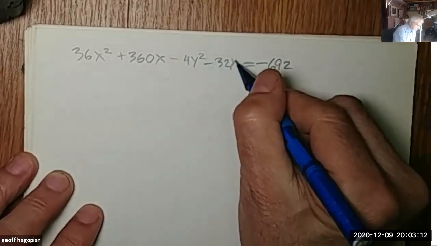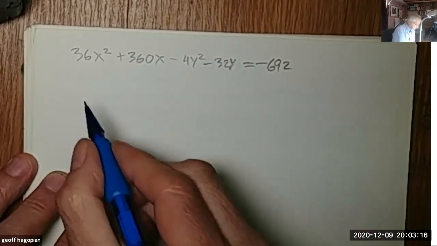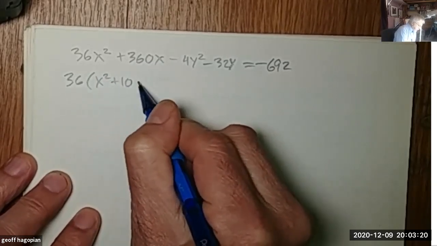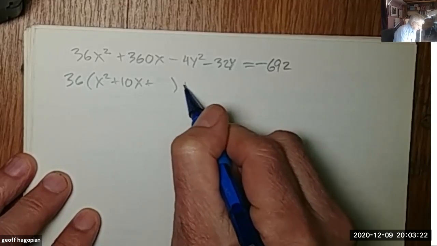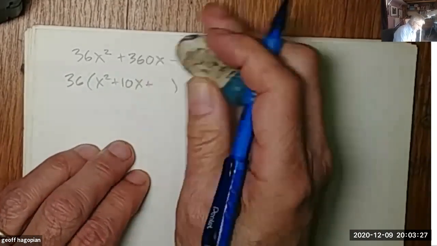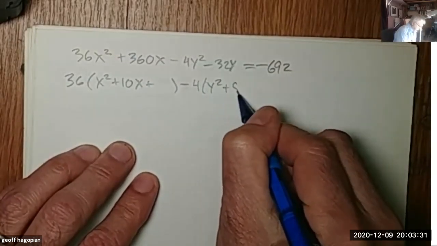So just did a couple of properties of equality on the fly, setting up for completing the square. So I want to factor out this is going to be a minus, right? Y squared plus 8y.